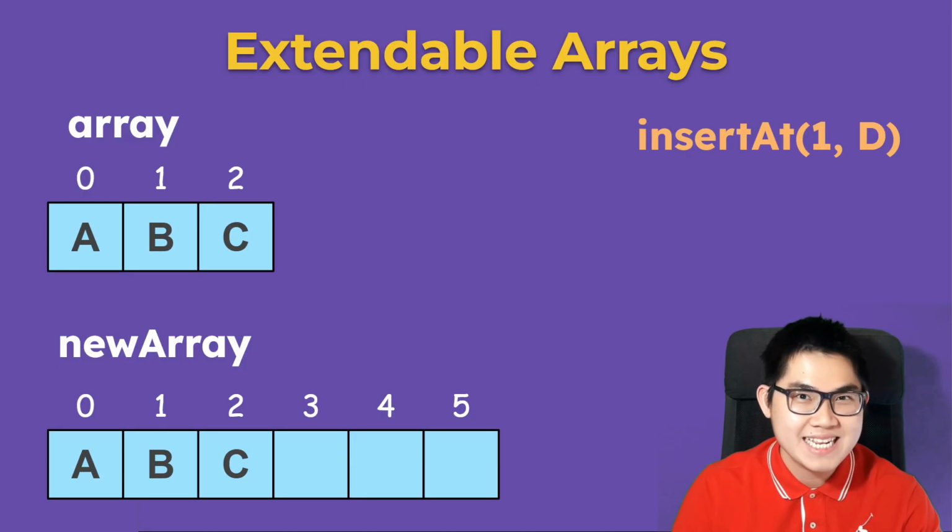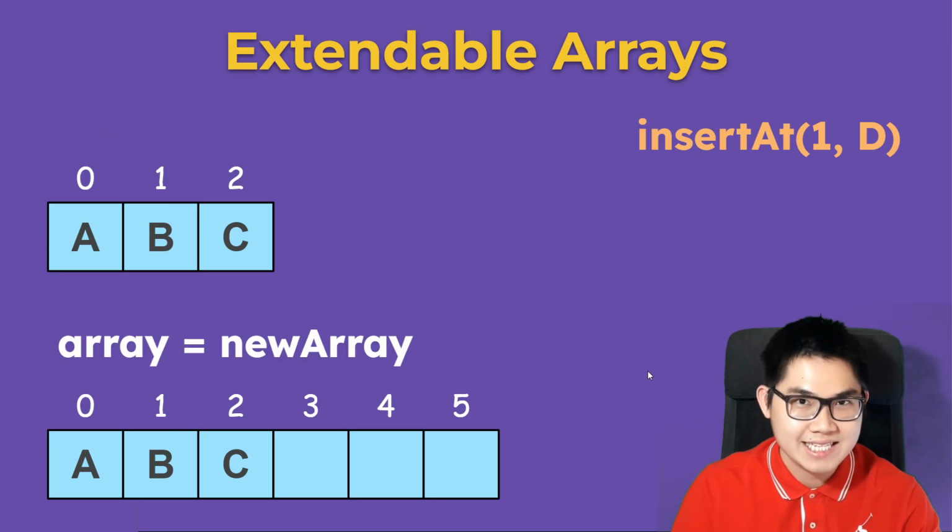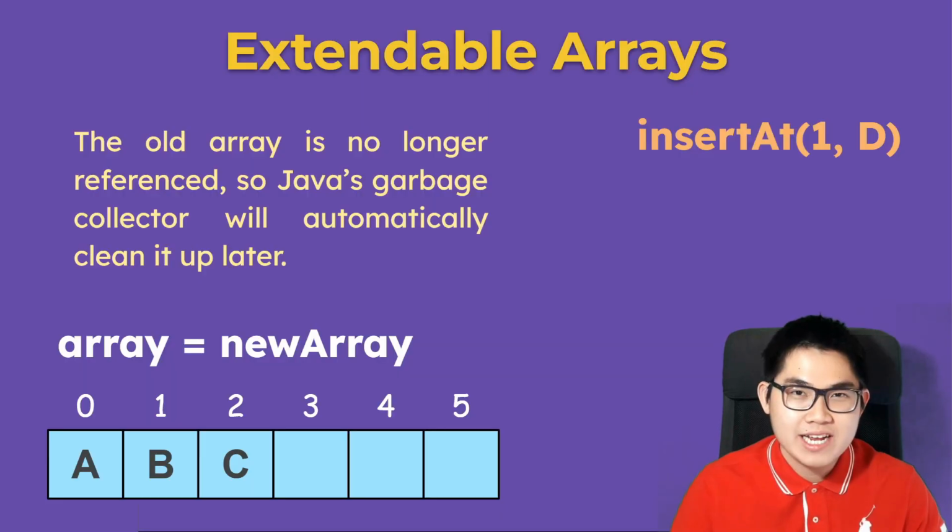What's going to happen next is we point our array to our new array, like this. Notice that this array right here has no variable attached to it, so it is not being referenced anymore. In Java, or the language that we will write our implementation in, the old array is no longer referenced, so the garbage collector will automatically get rid of it.